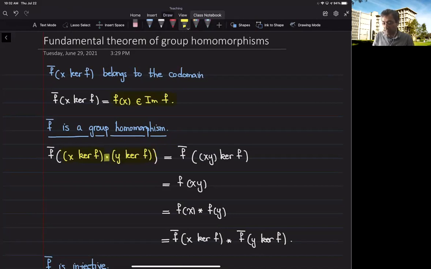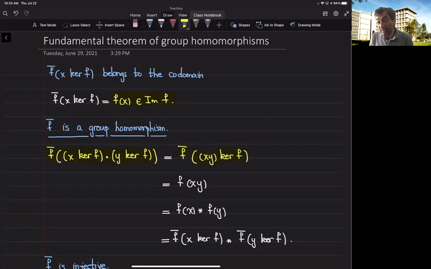The way that we define this multiplication of cosets is by multiplying the coset representatives and taking the coset that xy represents. So this multiplication is equal to the coset that xy represents modulo kernel of F. That means I need to apply F bar to this coset.